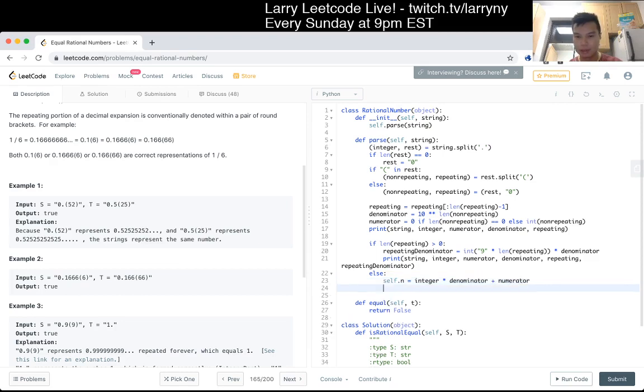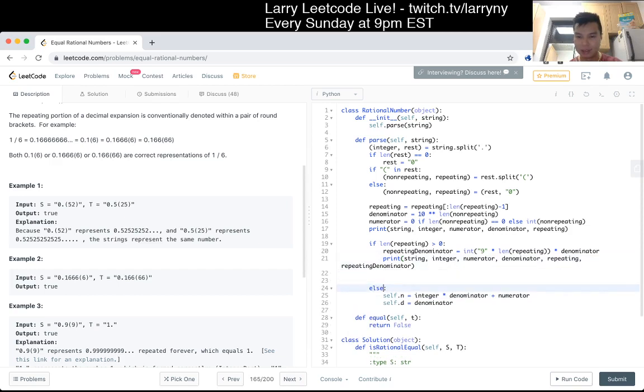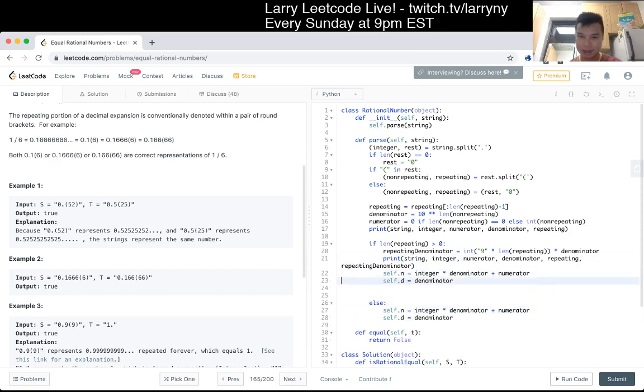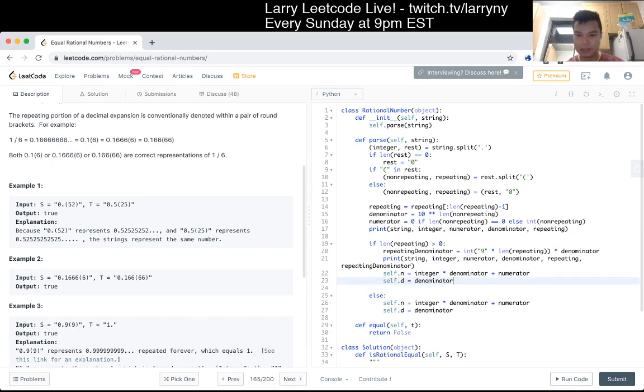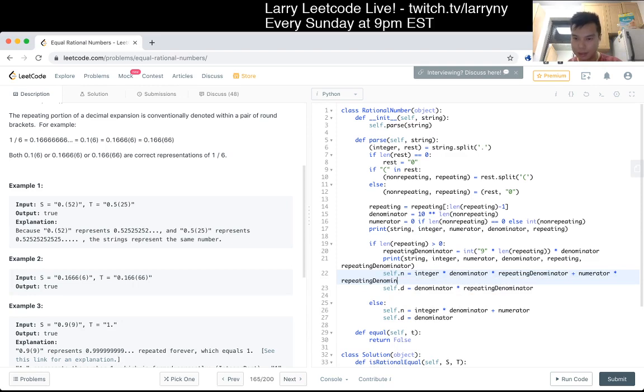And so the denominator is just the denominator. Okay. Otherwise, if you have repeating numbers, then it's this times the repeating denominator. And it's this plus numerator times repeating plus repeating. Okay.